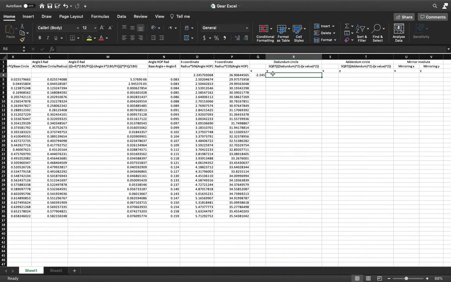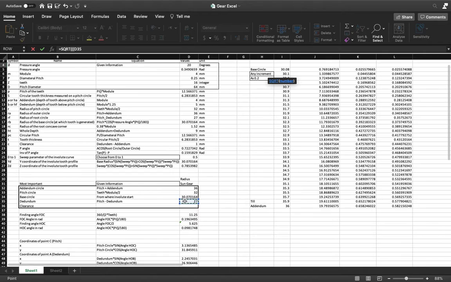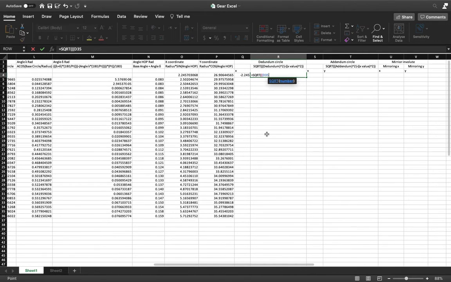Yes, let's continue. Square root of 3 this, the dedendum, which we should fix, by the way. Oh, I should not have added this extra.